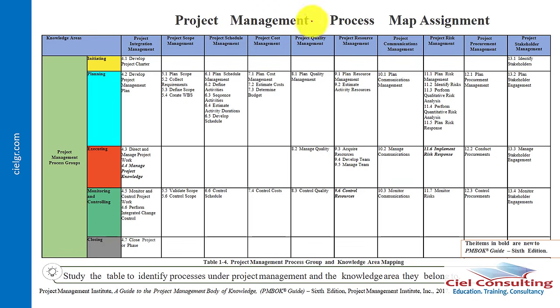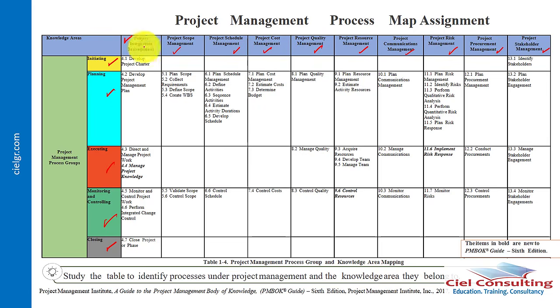So if we take a look at all of this and we put all of it together, this is exactly what we get. So remember, we said that there are 5 process groups, which are initiating, planning, executing, monitoring and controlling, as well as closing. And then there are also the 10 knowledge areas, which are the core ones. That is the integration, scope, schedule, cost, quality, resource, communications, risk, procurement, as well as stakeholders.